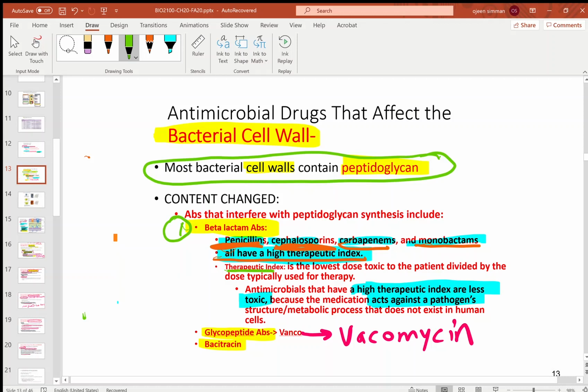In other words, an antibiotic with a high therapeutic index is less toxic because it targets pathogenic structures that do not exist in human cells. So that's why beta-lactam antibiotics are used very often.